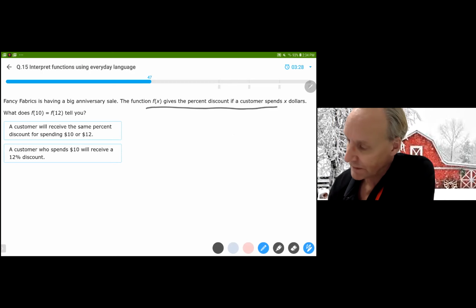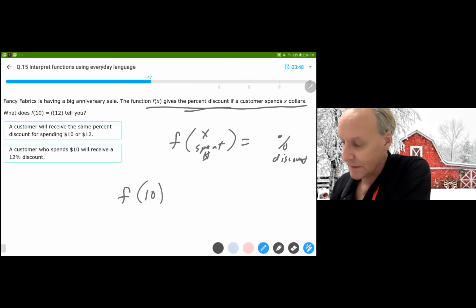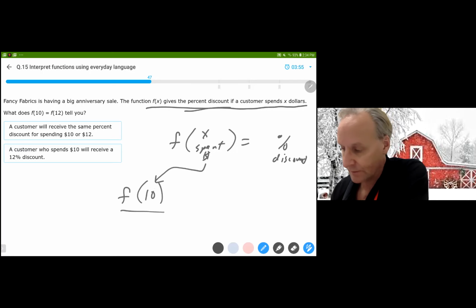F of x gives the percent discount if they spend x dollars. So this is x spent. This is spent dollars. And f of x gives us the percent discount. So f of 10 means that they spent $10 and they got a discount.